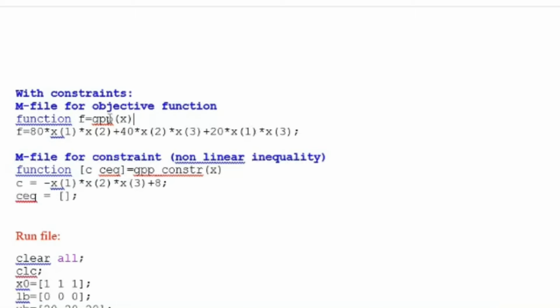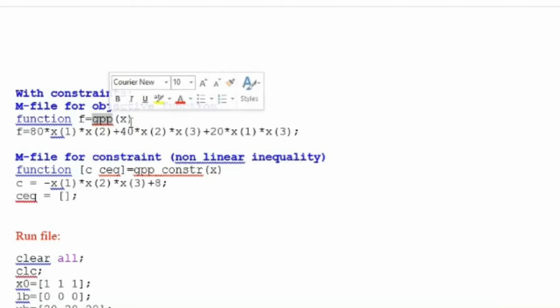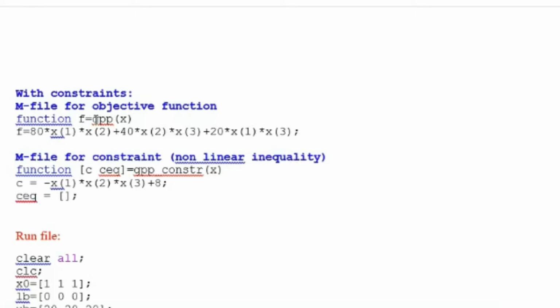Any difficulty here? So this is a file name in terms of variables X. The file name we can keep based on our own interest. We can keep any file name. I can keep Nagaraju within brackets X, or RAM X. So the file name is our own choice, decided on our own, right?